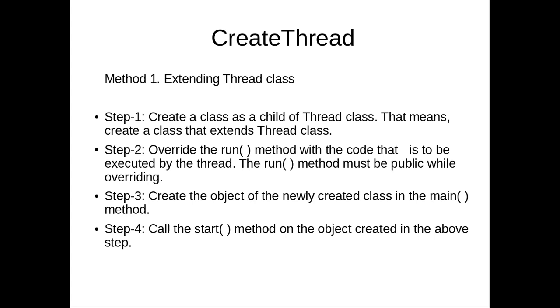Then you have to write the main program. In the main program you have to create an object of the subclass of the Thread class. Then you have to call that object dot start. So that's all about creating a thread by extending the Thread class.